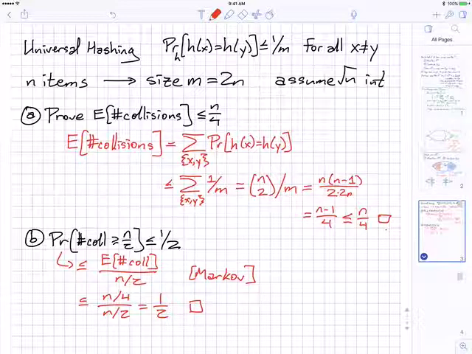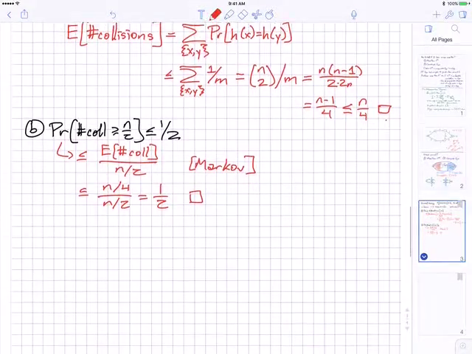Markov's inequality says the probability that a non-negative random variable x takes on a value at least z is at most the expected value of x divided by z. And I've just plugged in the appropriate things. Okay.